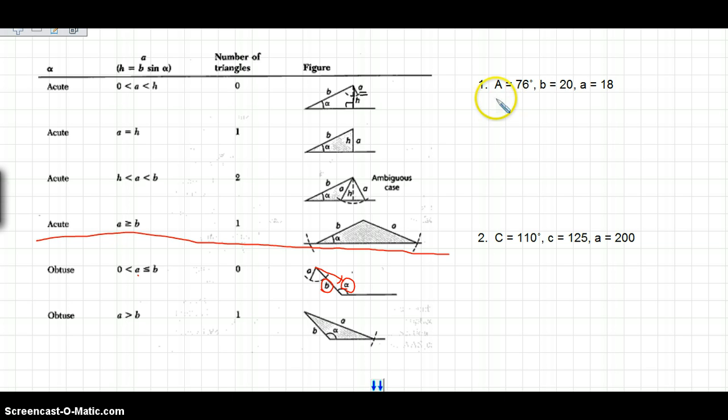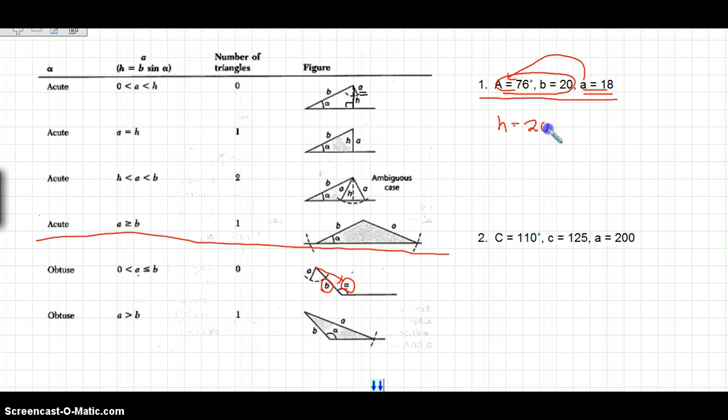Okay, on my first 3 examples here, I'm just going to see how many triangles can be formed. So here's what I'm given. I'm given A is 76 degrees, B is 20, A is 18. So I want to find the H value so I can determine if it's going to be 0, 1, or 2 triangles. So the 2 I'm going to use in the formula are these 2. The side that's opposite the angle is going to be what I'm going to compare to.